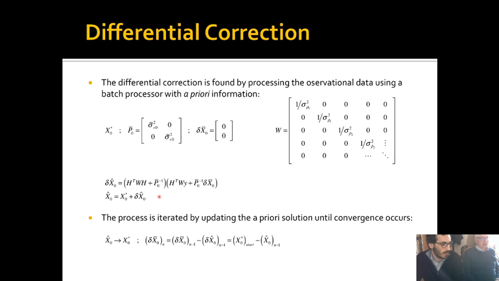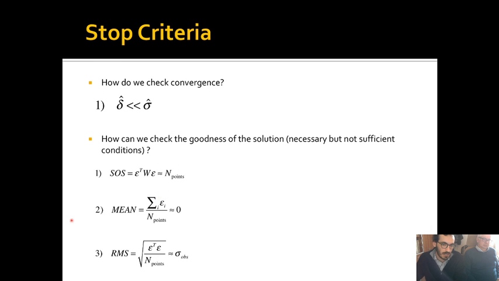Meaning you get an estimate of the state that is the best possible one with the means you have. If you choose these weights correctly, these are some criteria that you can use.